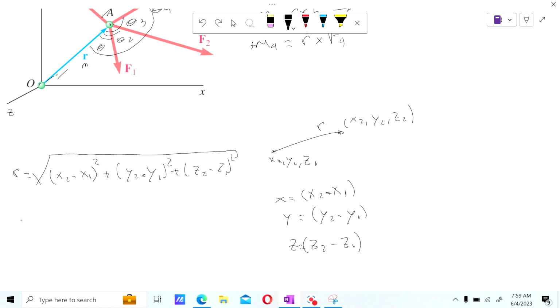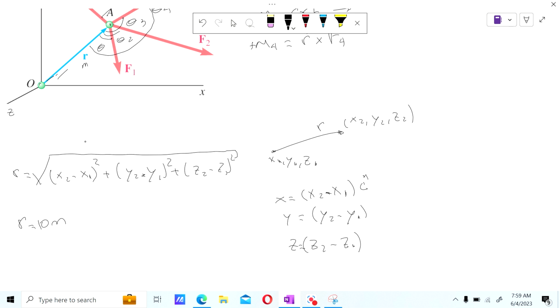This is a number, so be careful. If they give you, I don't know, r is 10 meters, they're giving you just the magnitude. Let's do a better example. Let's say it is 5 meters.